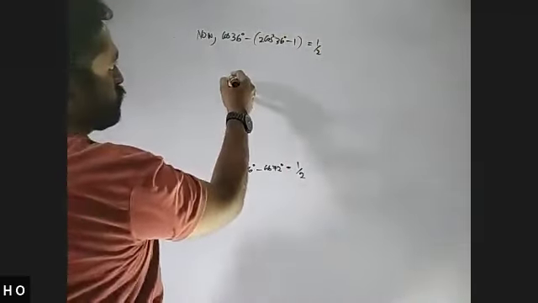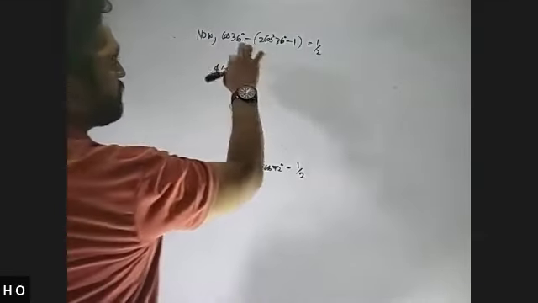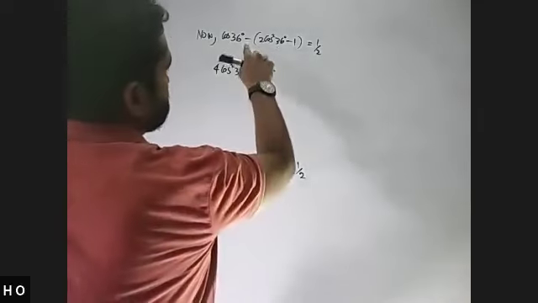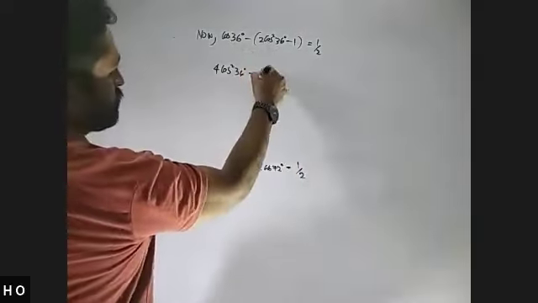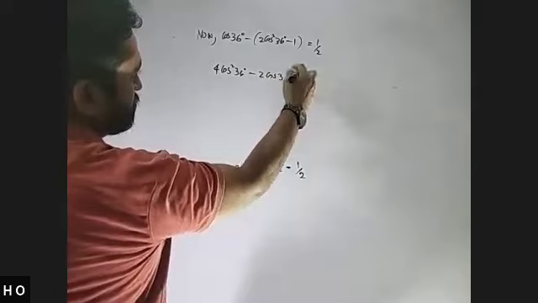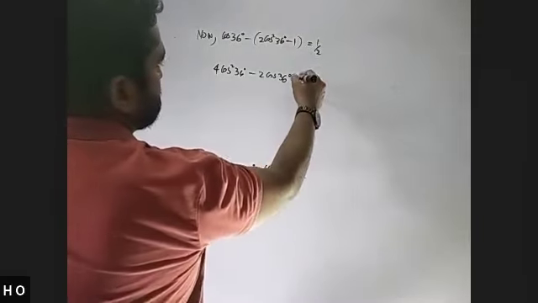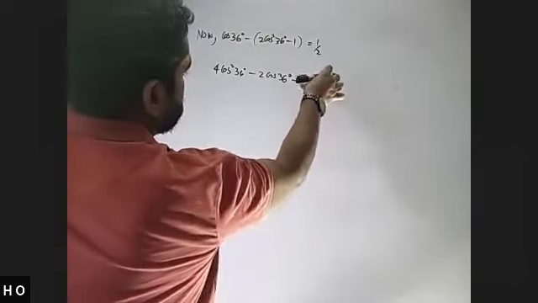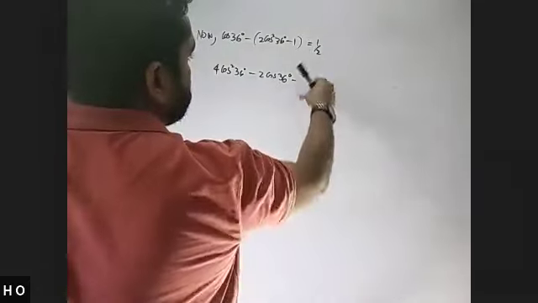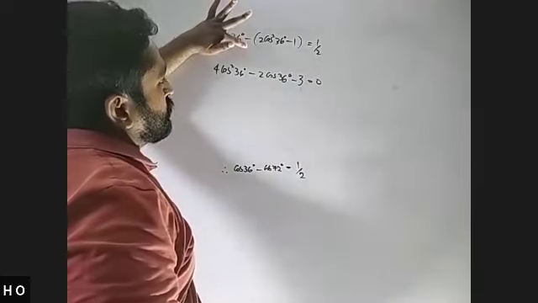Let us multiply everything by 2, which gives 4 cos squared 36 minus 2 cos 36 minus 2, and the constants combine to minus 3, again multiplied by 2.